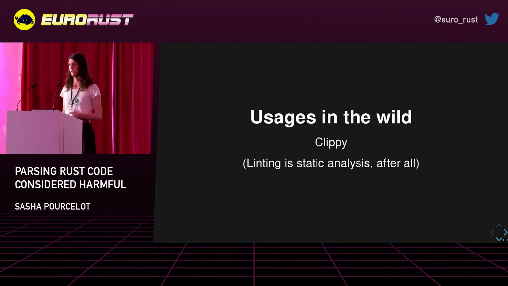This is already used by other people. For instance, Clippy, the most common Rust linter, uses this technique for the simple reason that linting is static analysis performed in a specific way. So it makes sense to use a similar method, right?